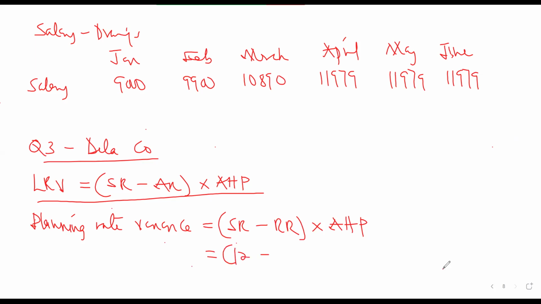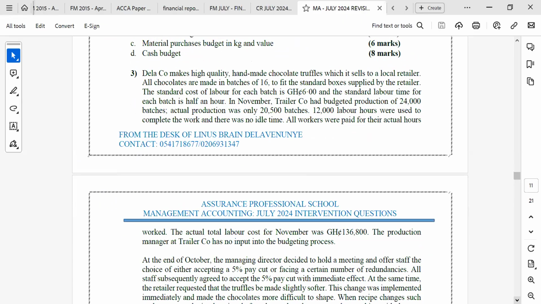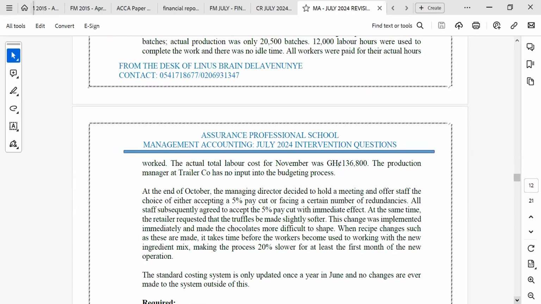Let's come to the revised rates. Was there any information about the rates being increased or reduced? At the end of October, the managing director decided to hold a meeting and offer staff the choice of either accepting a 5% pay cut or face a certain number of redundancies. All staff subsequently agreed to accept the 5% pay cut with immediate effect.